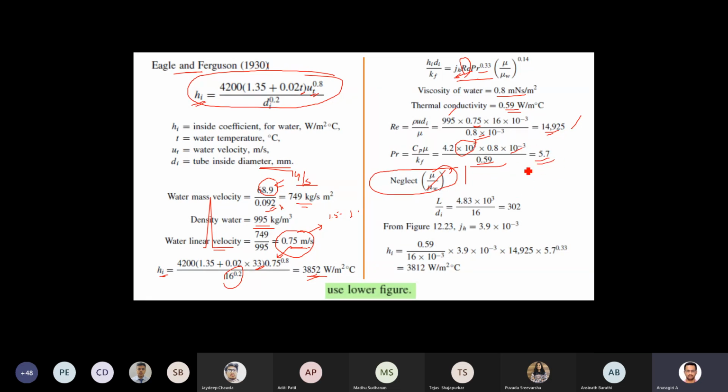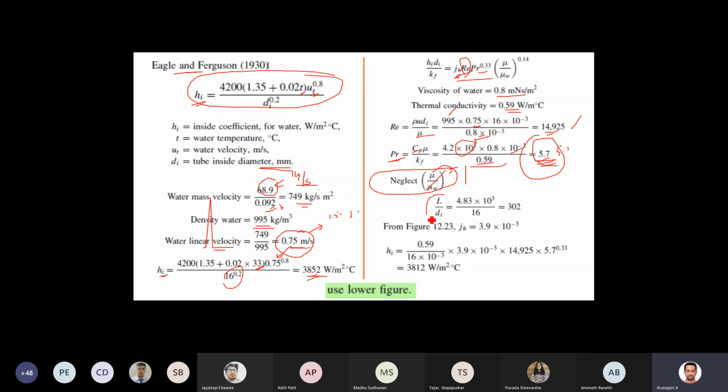This 10 power 3 and 10 power minus 3 will make your Prandtl number. Sometimes you will get 5.7 into 10 power 3 if you don't do the proper unit conversion. Most people will make mistakes when calculating the Prandtl number. Please remember, whenever you are using viscosity and Cp, you have to be very careful. Dimensional homogeneity has to be checked, otherwise it would be incorrect.